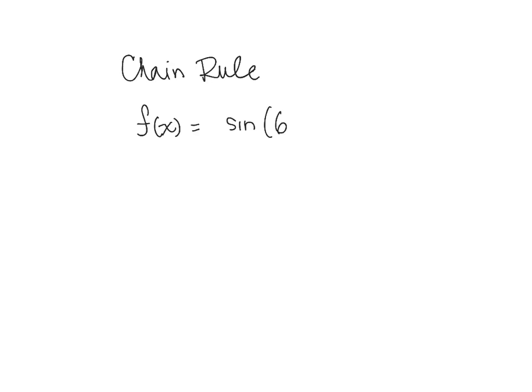So this is going to be first a review of the chain rule. I'm just going to give an example. Let's suppose that f of x equals the sine of, let's say, 3x cubed. I want to find the derivative of f.